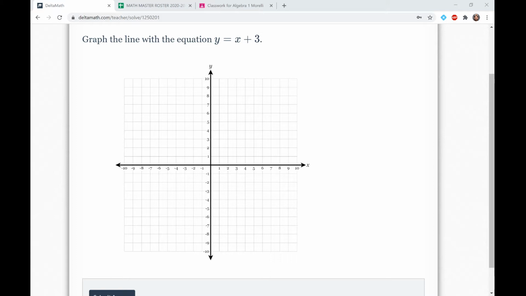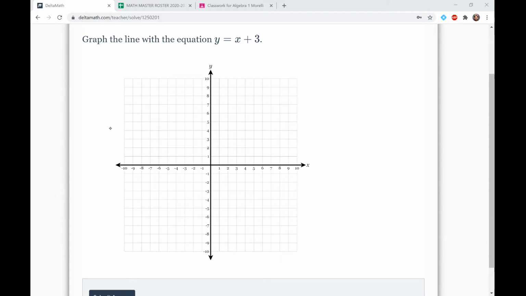Once I plot the y-intercept, I need to determine what the slope is. In this equation, y equals x plus 3, we'd really like to know what number goes in front of the x. But you see there's no number there? Well, when it's an x all by itself, you can assume that number is 1.